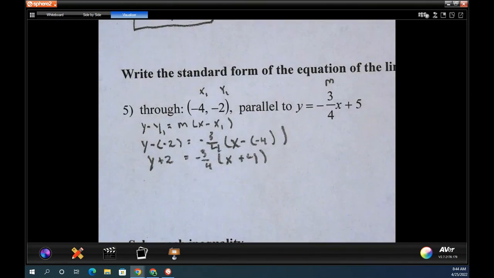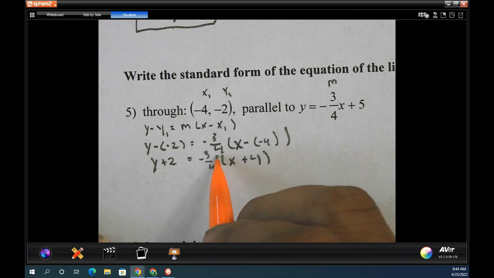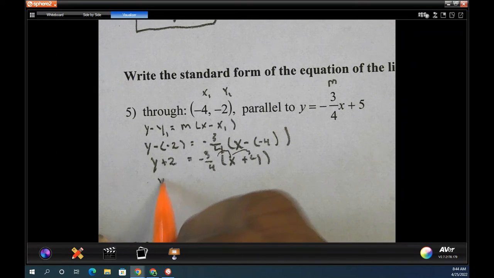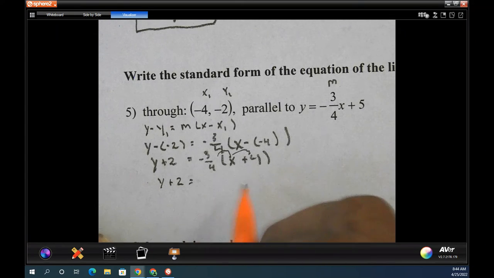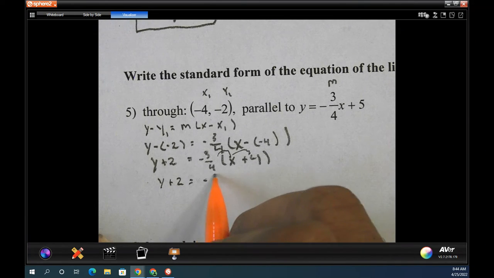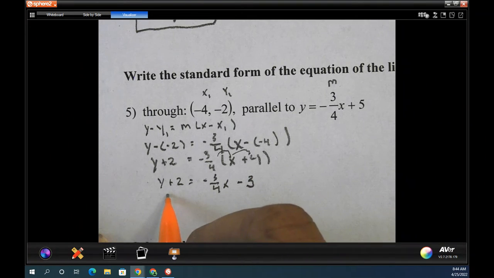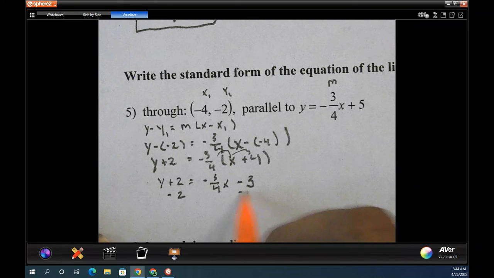We got to distribute here. So it becomes y plus 2 is equal to -3/4 x, and -3/4 times 4 is just -3. So it's -3. Now, we subtract 2 from both sides.